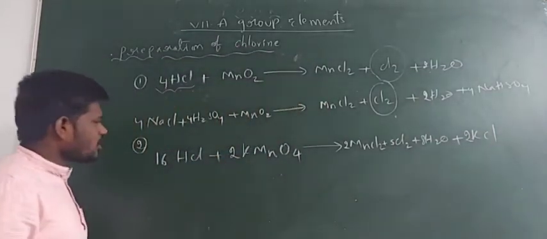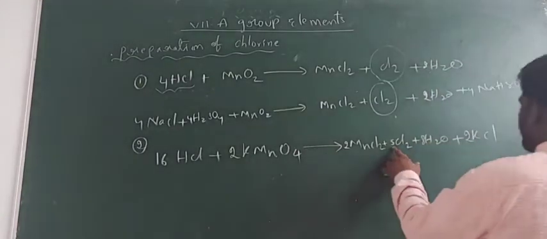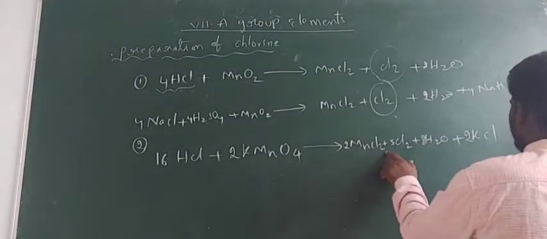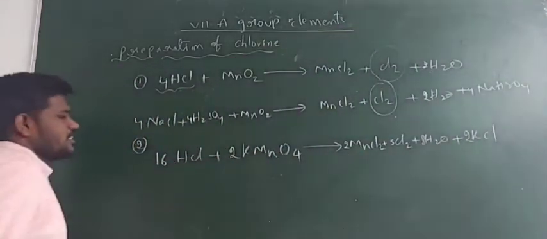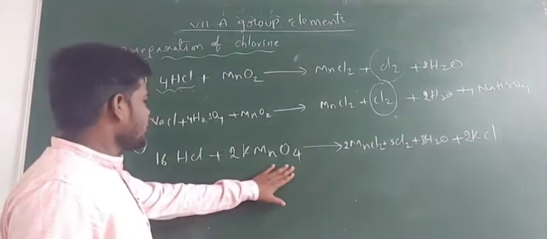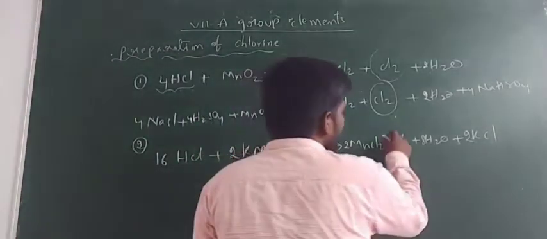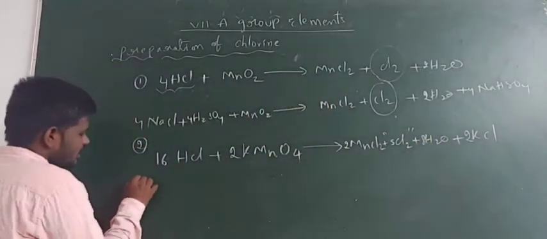So let us count the number of Cl's again. 16 Cl's are present here. And 5 into 2, 10, and 14 plus 2, 16. So which is a balanced equation. So KMnO4, when it is treated with 16 moles of the HCl, we can get here 5 moles of the chlorine gas. And the next one, third one, the Deacon process.